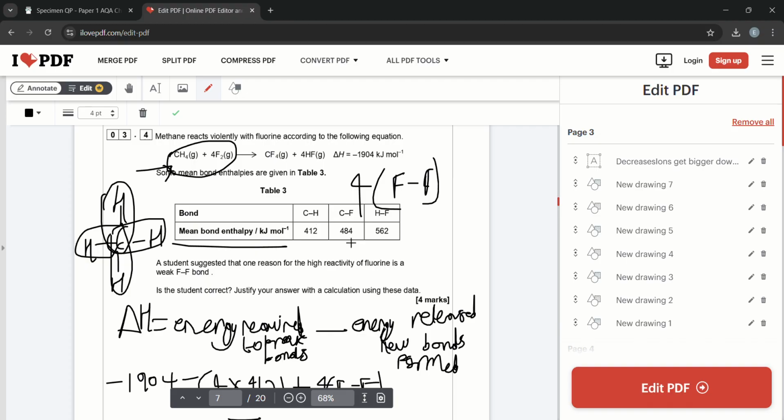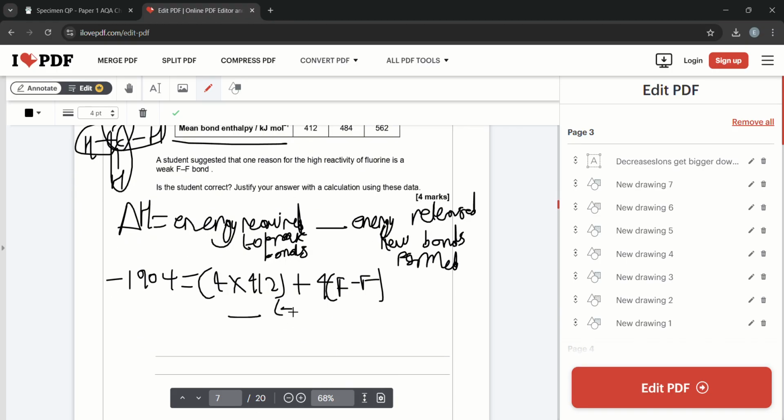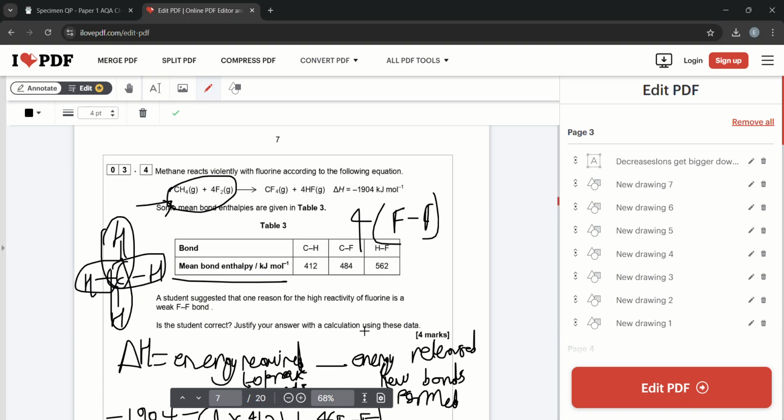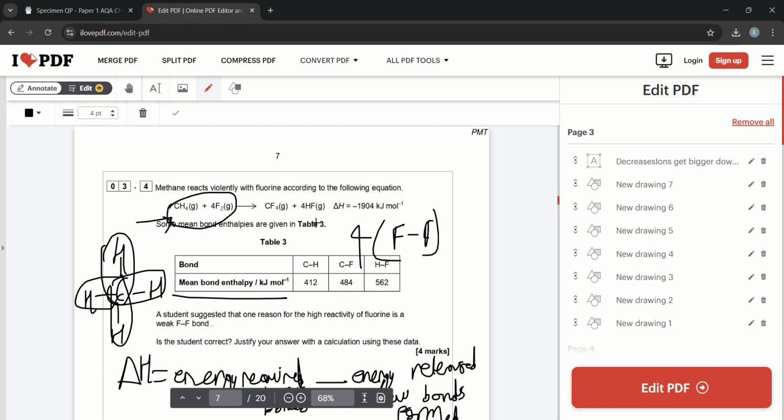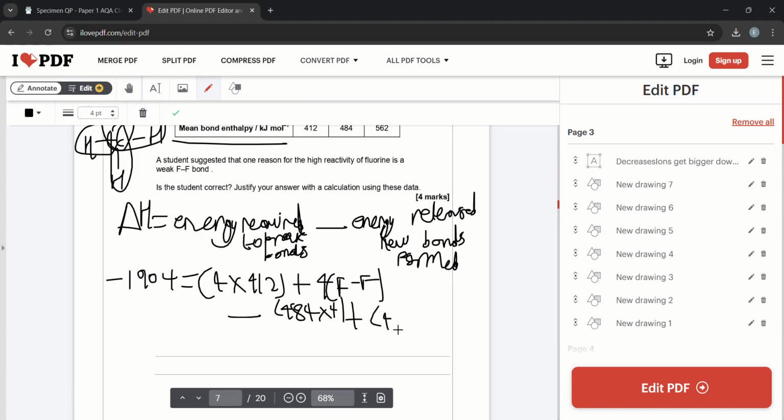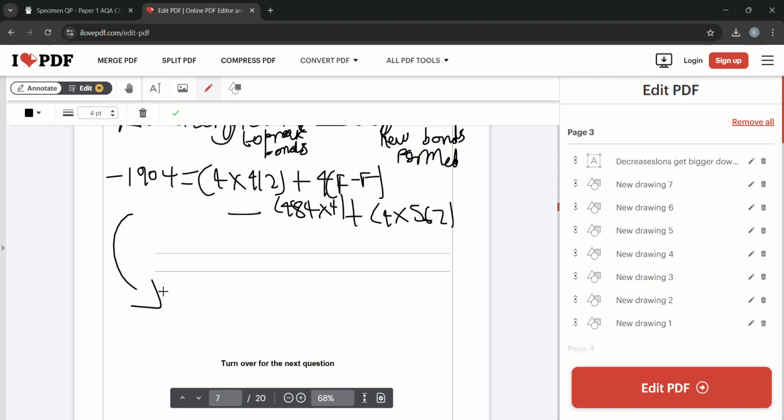It's going to be 484 times 4 plus 4HF, 4 times 562. Now the calculation happens.